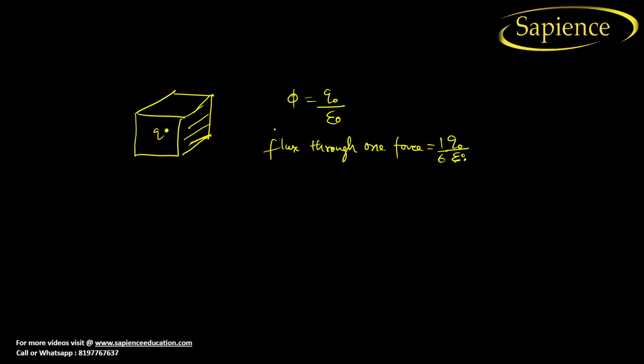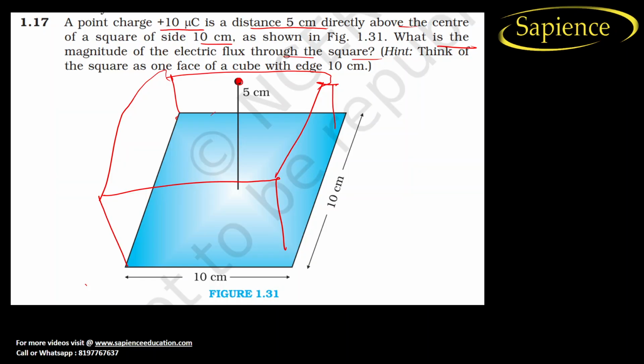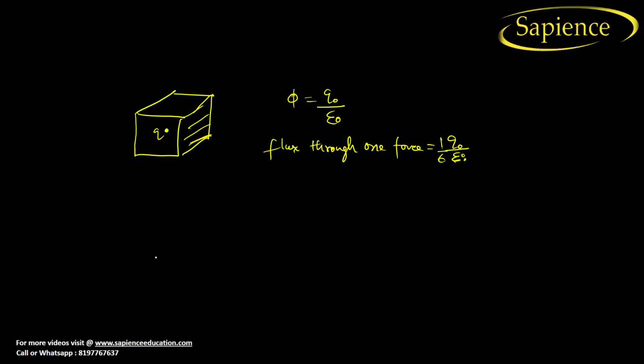Now we need to put the values. Charge they have provided as 10 microcoulomb, or 10 into 10 to the power minus 6 coulomb. Epsilon naught is the permittivity, equal to 8.854 into 10 to the power minus 12 Newton inverse Coulomb square meter inverse square.